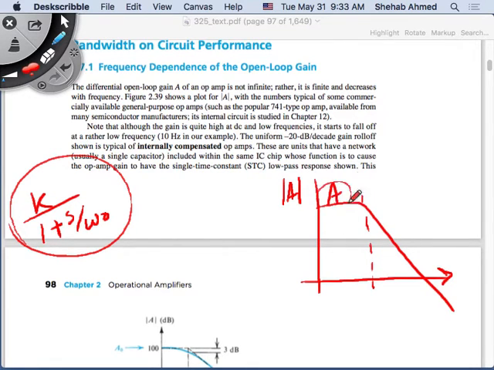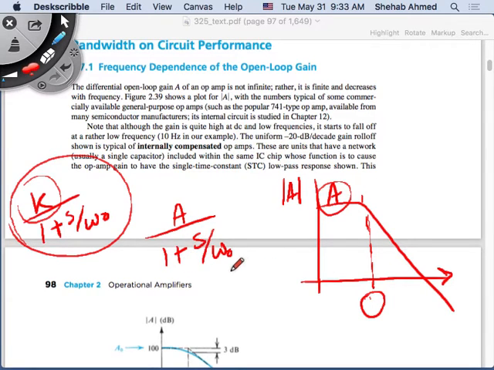This DC gain is equal to A, and this is what K was here, right? So my transfer function for the op-amp will look like A over 1 plus S over omega naught, where omega naught is the break frequency that depends on the internal compensation that we talked about. Because I don't want to mix it, they just keep it as omega naught.